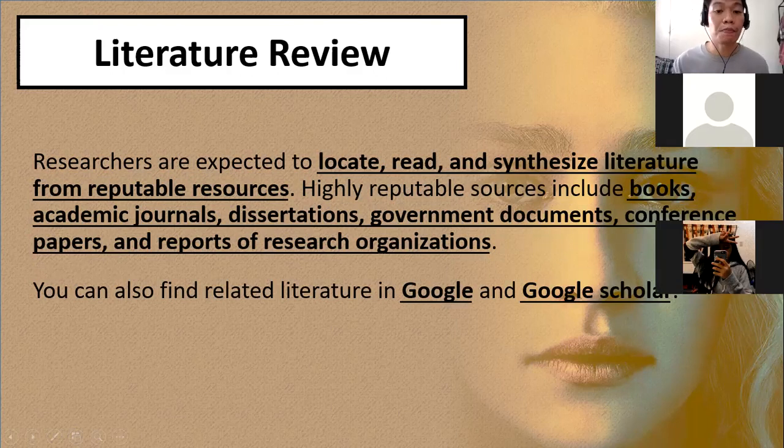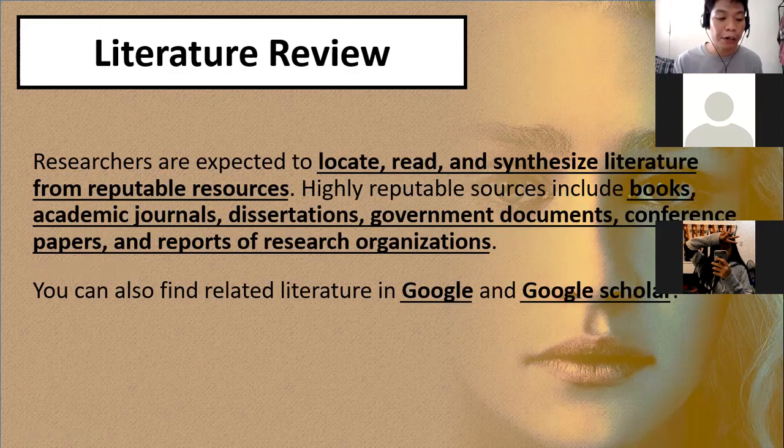Okay, researchers are expected to locate, read, and synthesize literature from reputable resources. Highly reputable sources include books, academic journals, dissertations, government documents, conference papers, and reports of research organizations. You can also find related literature in Google and Google Scholar.